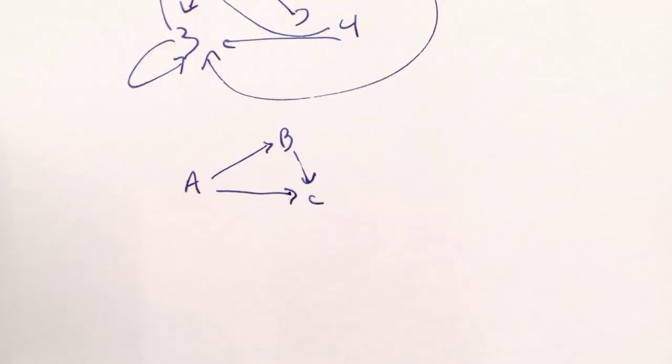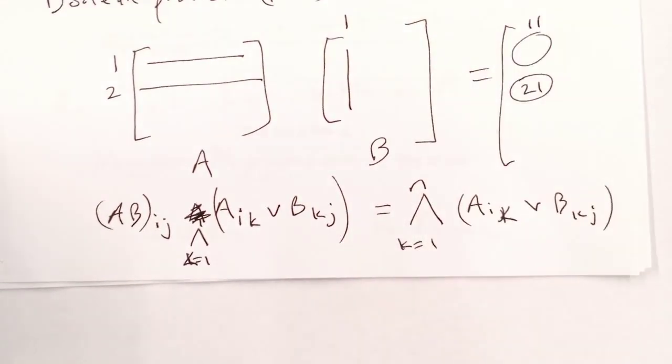Before you run off, I said something backwards. I messed up. This statement, the ands and the ors are backwards.